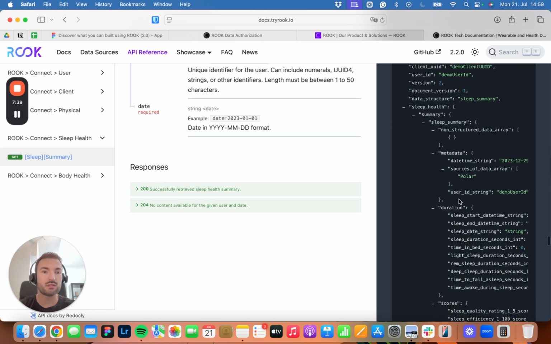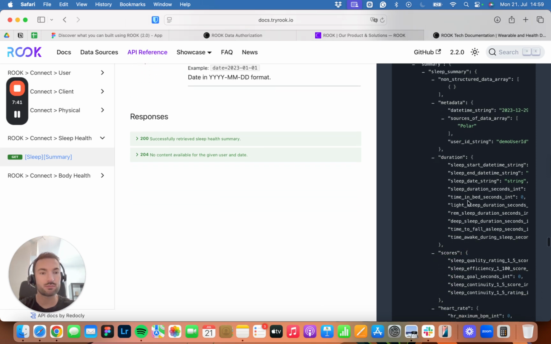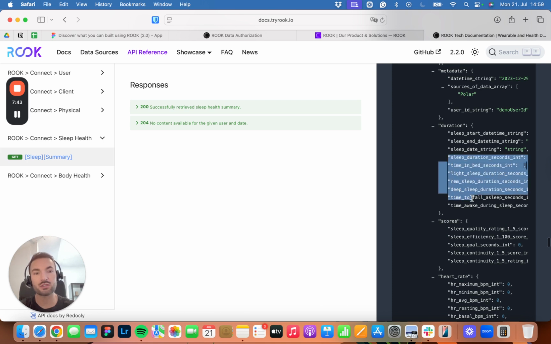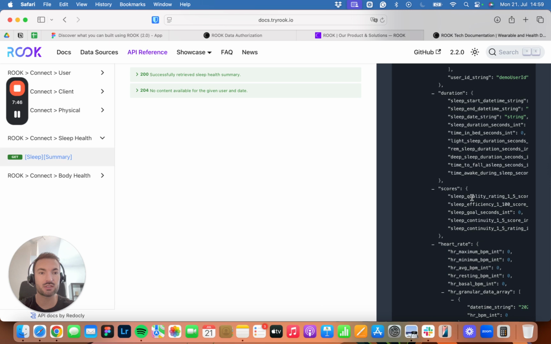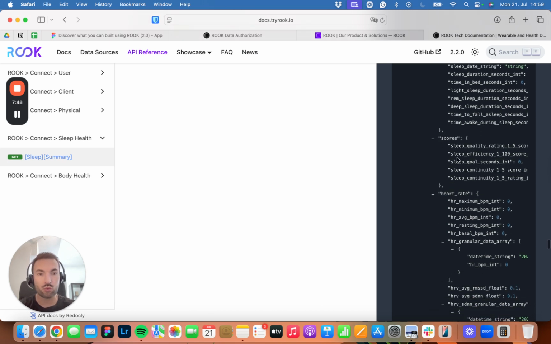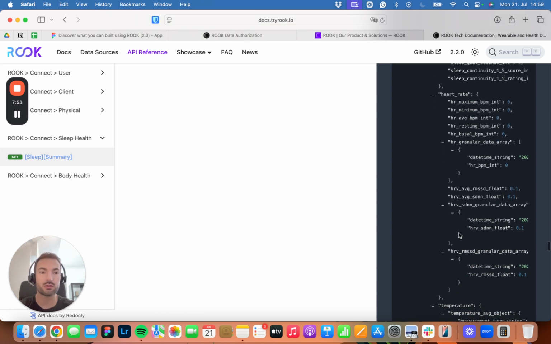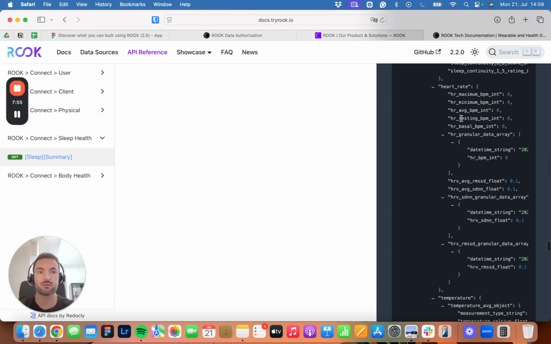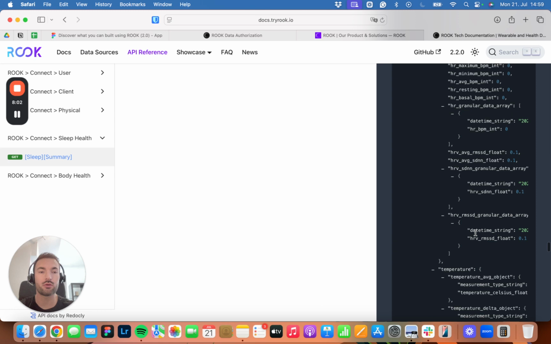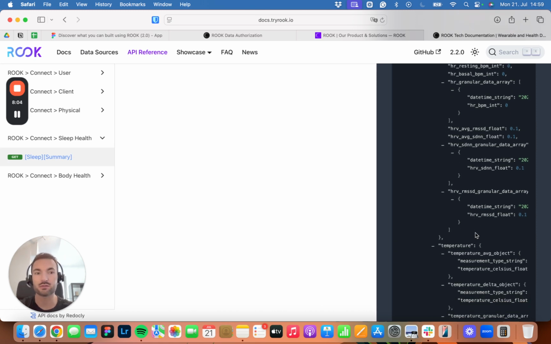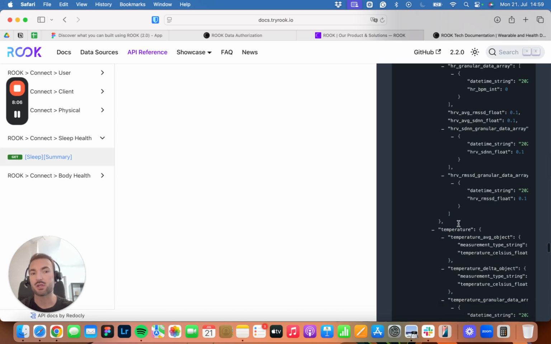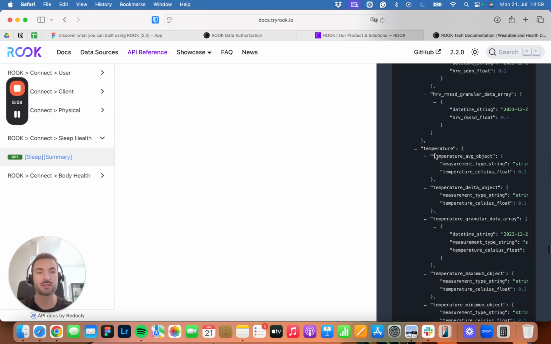And then we see here data such as how long was the sleep, the individual sleep stages, such as REM sleep, deep sleep, etc. We get scores on efficiency, quality of sleep. We have heart rate information during the night, something like resting heart rate, which is often being used. And then HRV data, which is very valuable, especially the night HRV, is obviously used for a lot of the data points, such as a readiness score or overall readiness of the user for the next day, temperature, or the delta of temperature.